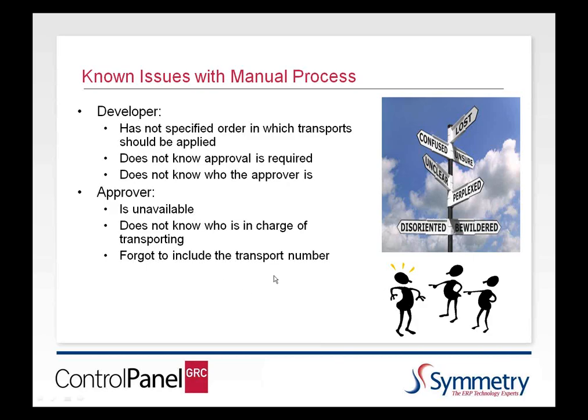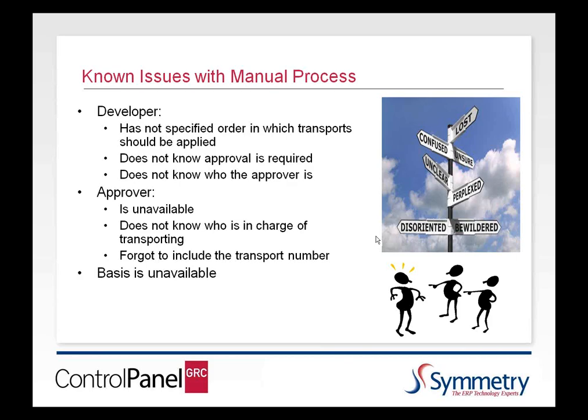Approvers a lot of times forget to include things in the email. They forget to include the transport number, or when they wanted it put in. There gets to be a lot of confusion. You have to make sure that you have everything in your email. Otherwise, you're going to be sending a lot of emails.